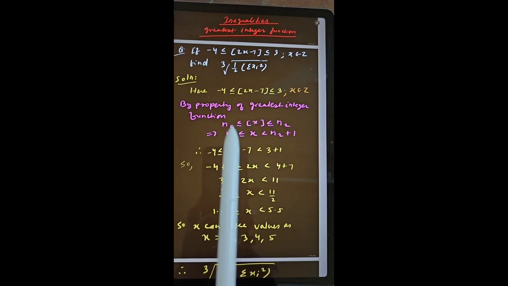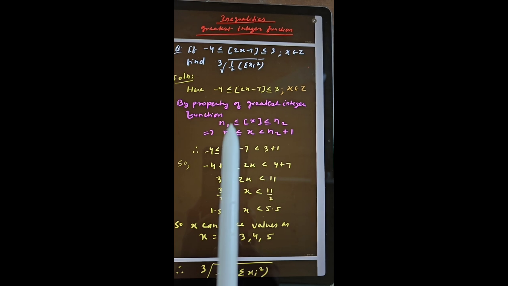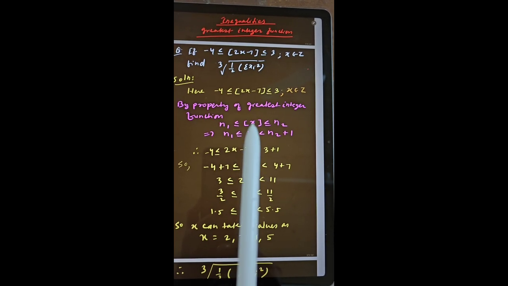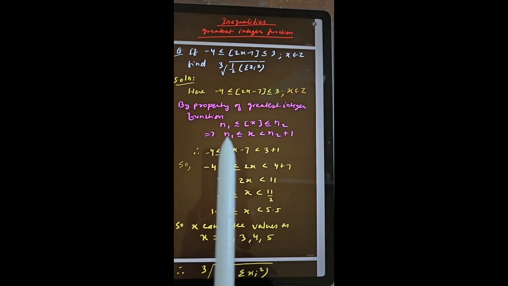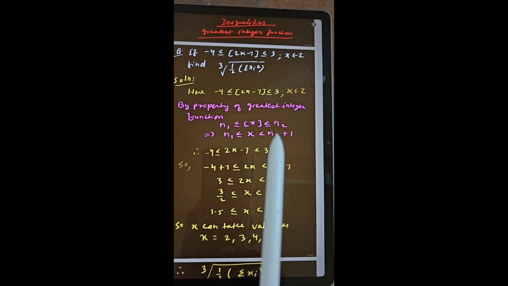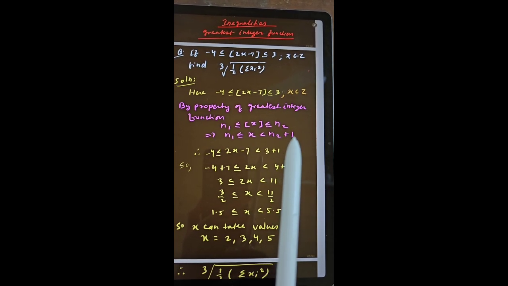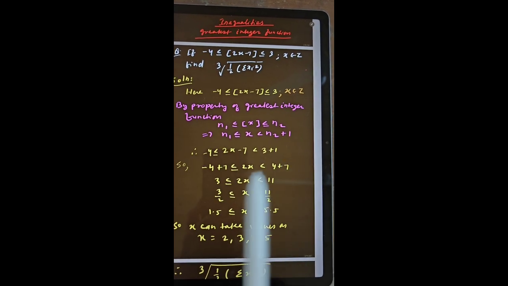Suppose there is a number 3.5 which is greater or equal to 3, it is okay, because when it comes out, the number itself, 3.5, will be greater or equal to 3. There is no problem on this side, but this side there is a problem. For that reason we add 1 to this. So now this inequality is correct.